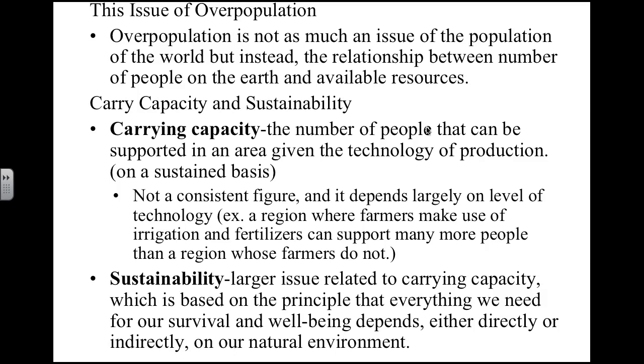This makes sense because if you've got a region where farmers are making use of modern technology, maybe growing some of the Green Revolution crops, with more irrigation, more machinery, fertilizers, they're going to be able to produce more off of that land than if the farmers in that region were using outdated tools, not using irrigation, not using fertilizers. They're not going to get as much food off of that land. So a lot of that comes into play there.